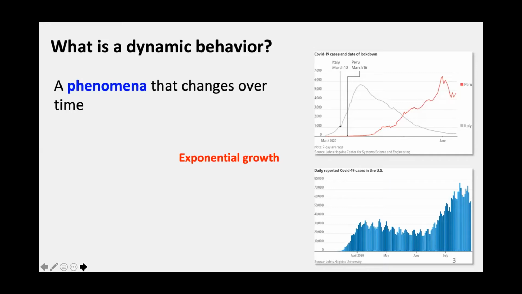And we've heard all the terms: exponential growth, reaching the peak, declining cases, flattening the curve, and most recently also the second wave. Those are terms that we typically hear in the news, or the minute we look at those charts.